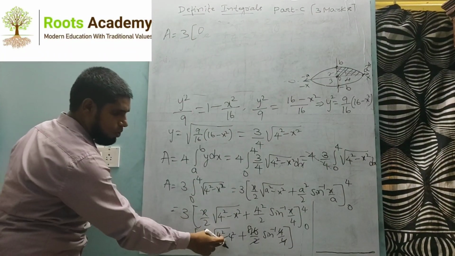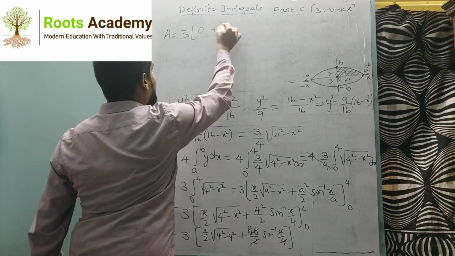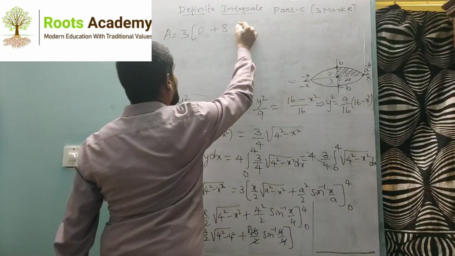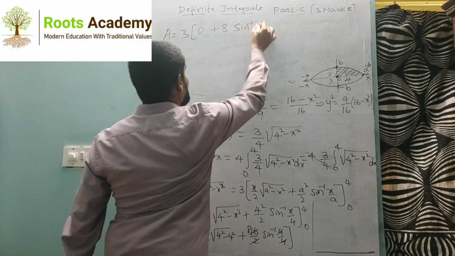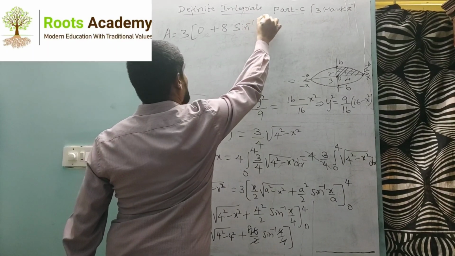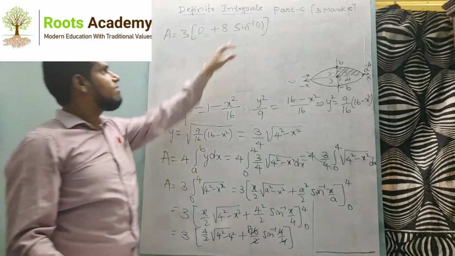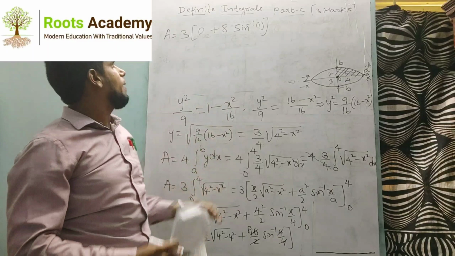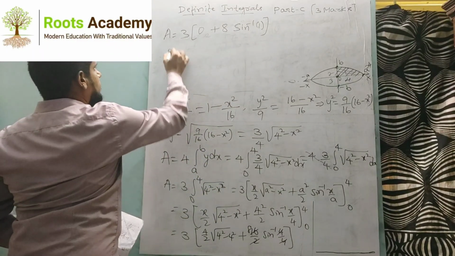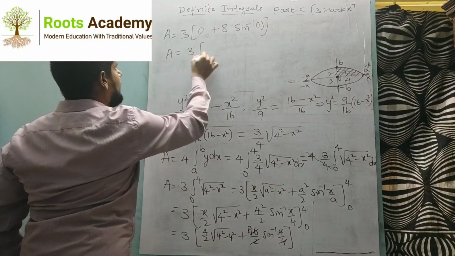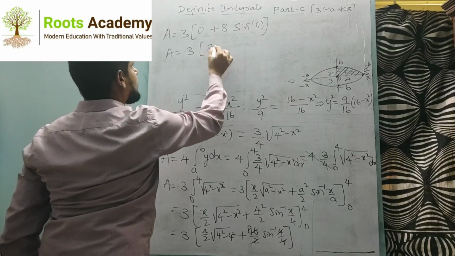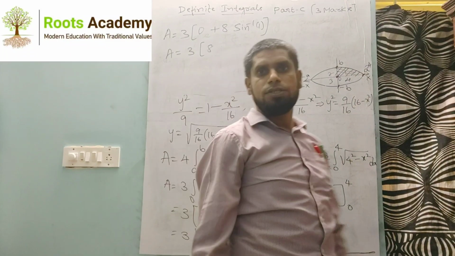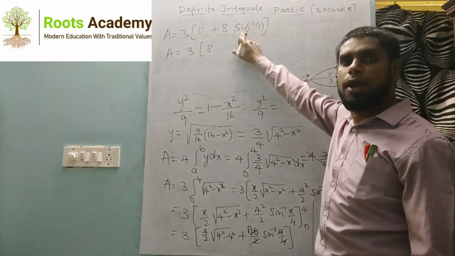This part is 0 plus 8 sine inverse 1. So student, it is an inverse trigonometric function and here it is 1. Sine inverse of 1. 0 plus anything is that itself, 8. Sine 90 degree is 1. So sine inverse 1 is 90 degree.